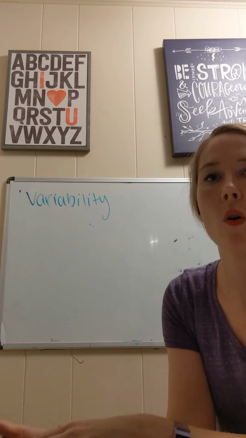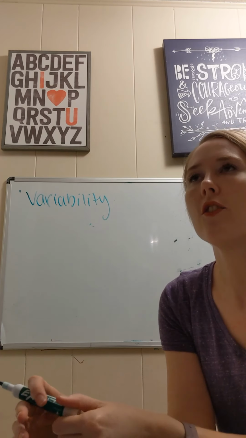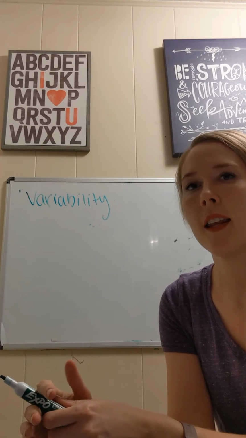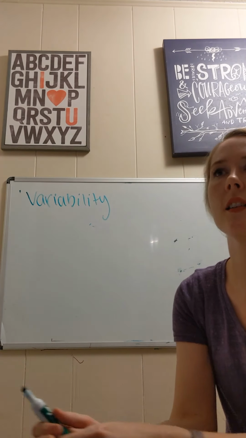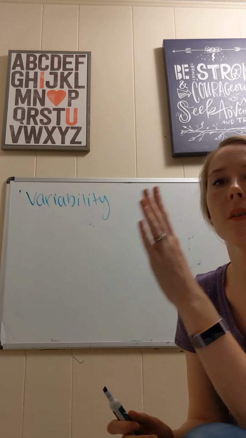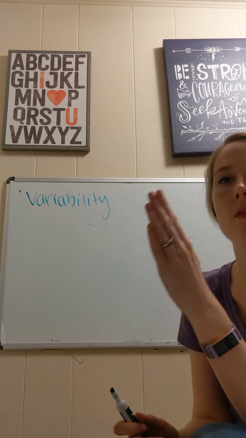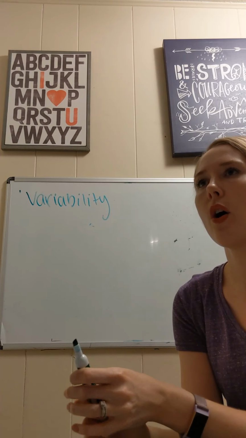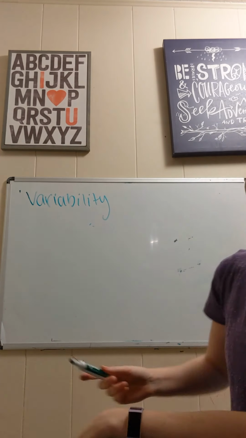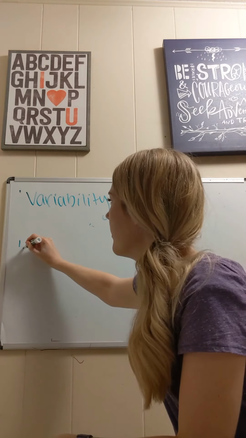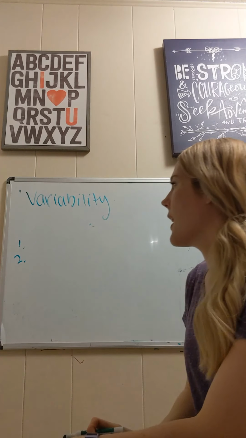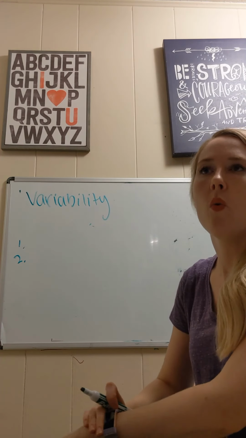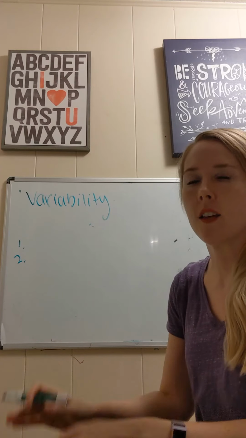Now I'm going to be going over variability, which is different from just finding the measure of central tendency, because that only gives you one specific typical attribute of the variable. It doesn't tell you the wide range of variables. So, for example, if I had two classes and I wanted to know what the test scores looked like in those classes.